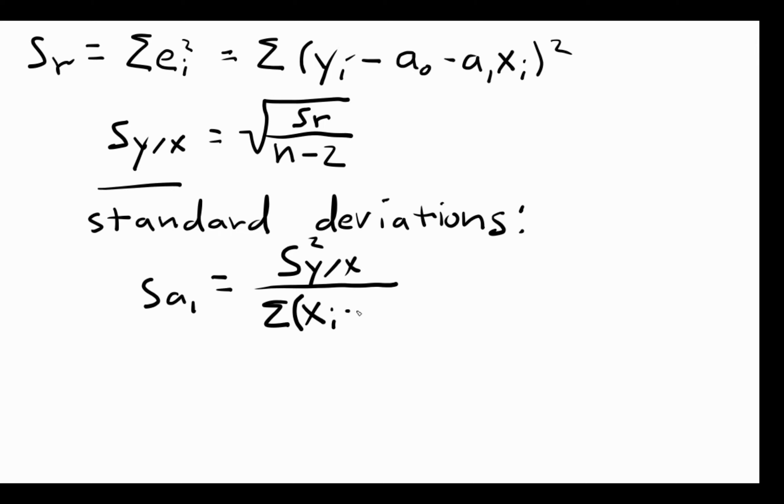So each value xi minus the mean value of x, that whole thing squared. And based on that, you can then get a standard deviation for the intercept. This will simply be equal to the standard deviation for the slope times the square root of 1 over n times the sum over all x squareds.